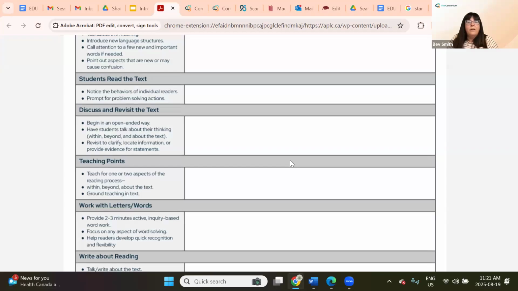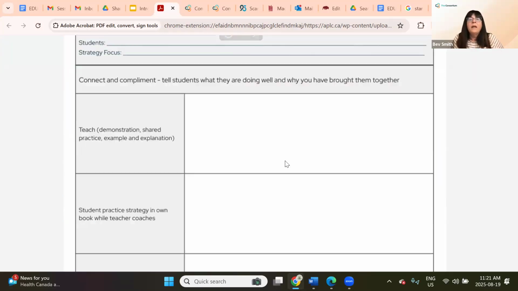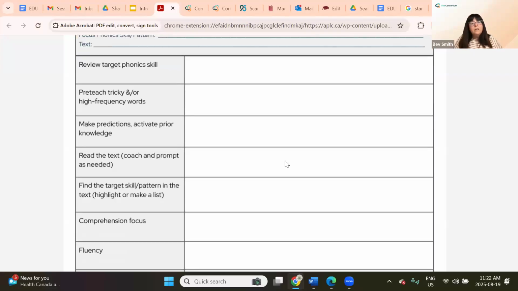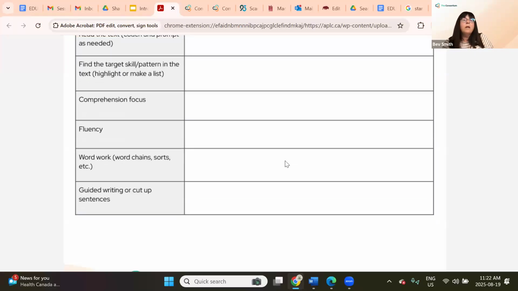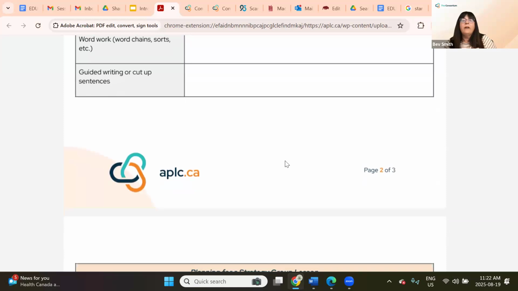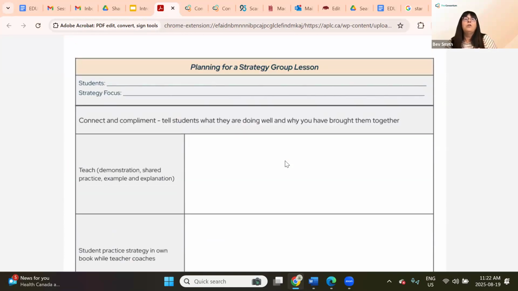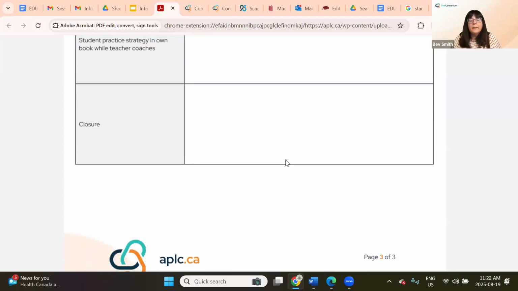Then if we scroll down, we'll find a planning guide for strategy groups based on phonics, or using a decodable text, so those phonics skills and phonemic awareness skills that we want to work on. And finally, you will find a planning guide for a strategy group lesson that is beyond a phonics-based lesson.